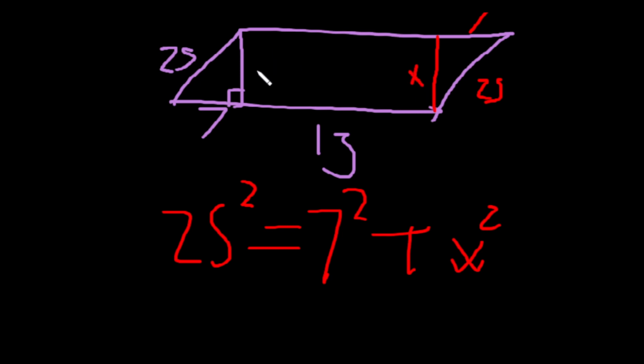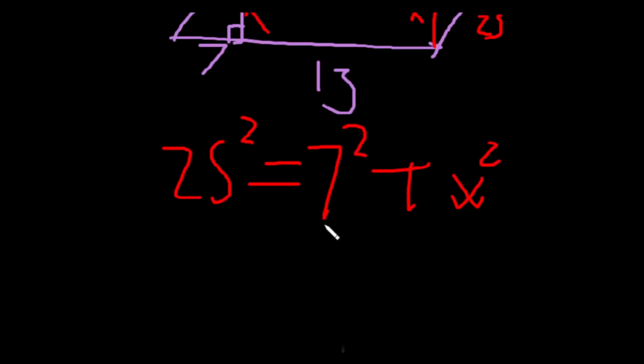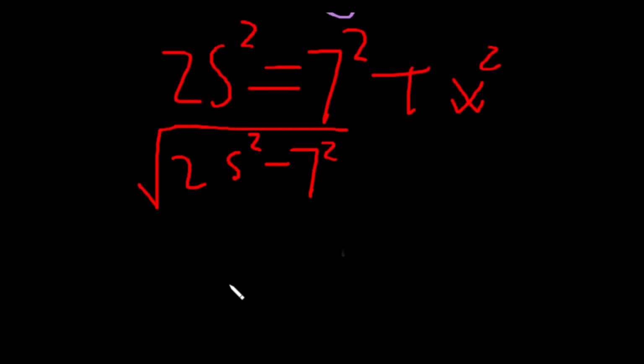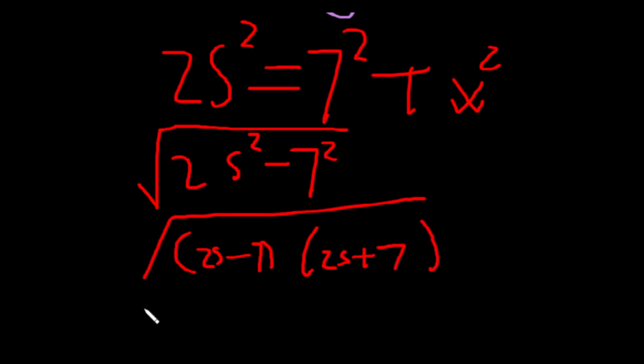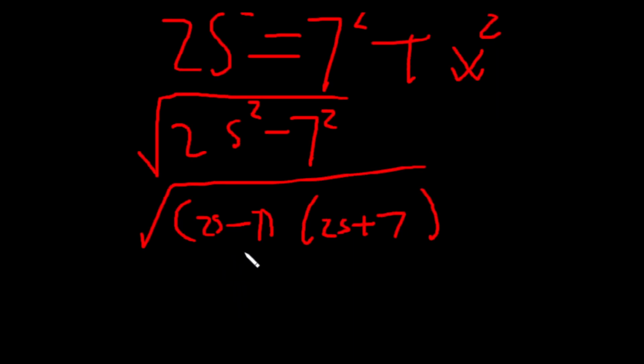These are both x. So that leaves us with 25 squared minus 7 squared, square rooted. I can just do 25 minus 7 times 25 plus 7 because of the difference of squares, square rooted.